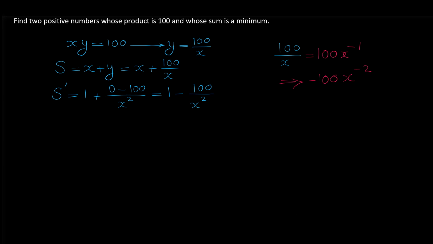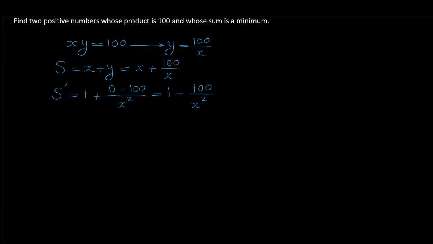And negative 100 times x to the negative 2 is negative 100 over x^2. Note that because the power is negative, we can bring x to the negative 2 down to the denominator, and it is x^2. This is the other way that you can find the derivative of 100 over x.